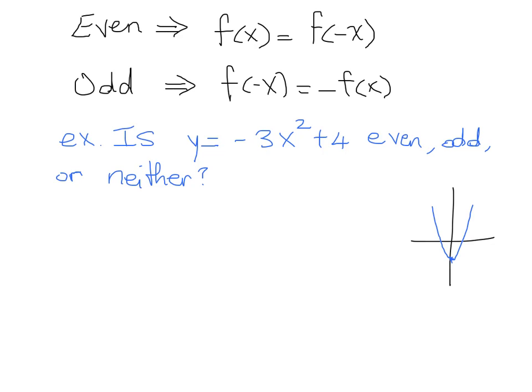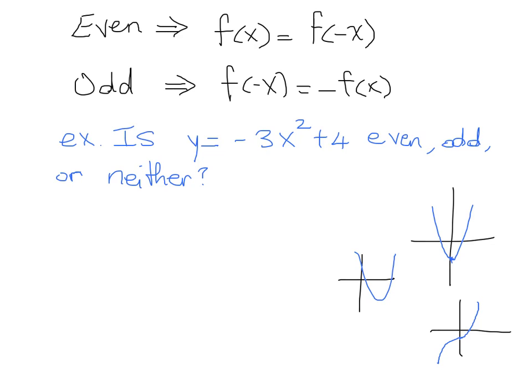If instead, when it hits the y-axis, it does something like that and does a mirror but upside down, then it's odd. And if it's not doing that at all, if the y-axis is not acting like any type of mirror, so maybe the graph looks like this, since the y-axis is not the axis of symmetry, then that would be neither.